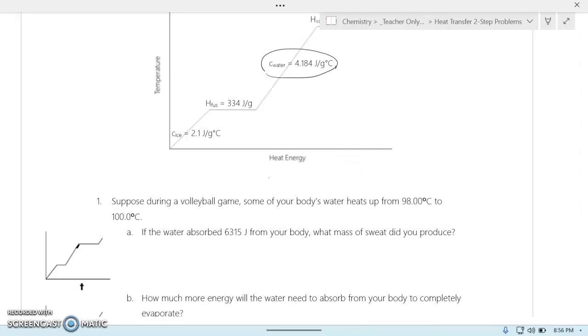specific heat, which is 4.184 joules per gram degree Celsius. We have energy, we have temperature change, and we want to find mass. So our Q equals mcΔT. Let's solve for our mass.